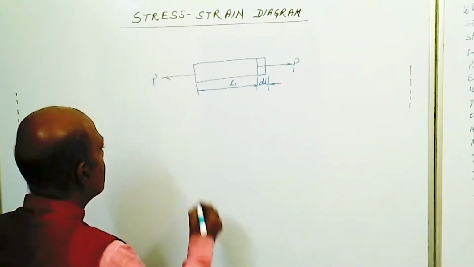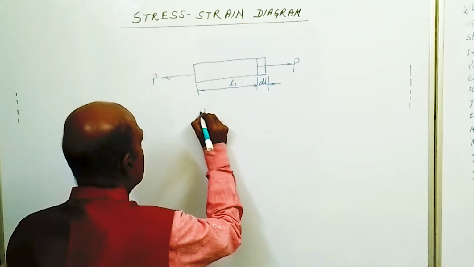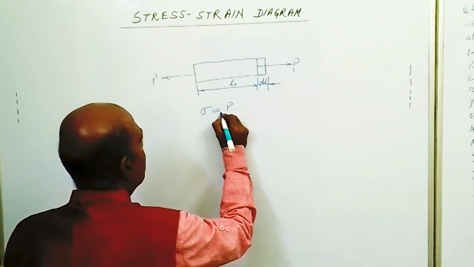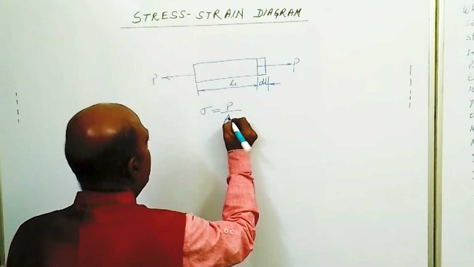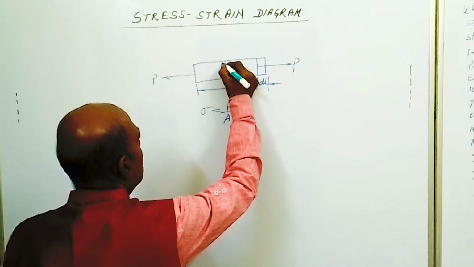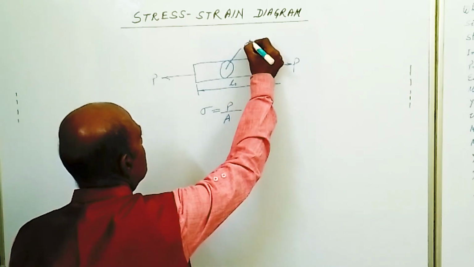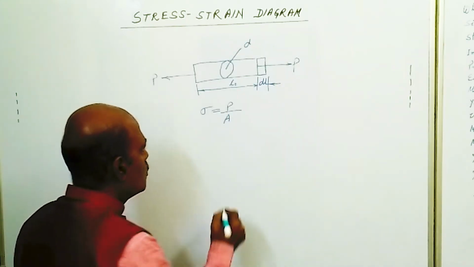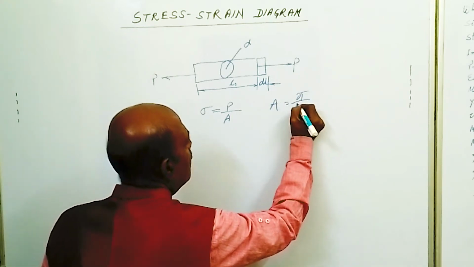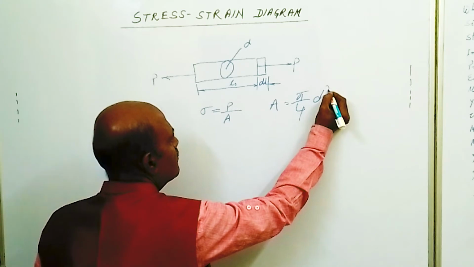Now, the stress developed, called the engineering stress, is given by P by A. Say the area of cross section is circular and the diameter of this bar is D. So the area of cross section is given by pi by 4 D square.